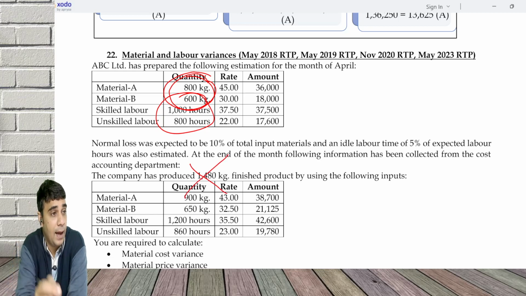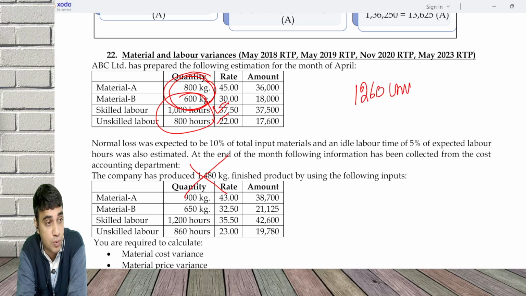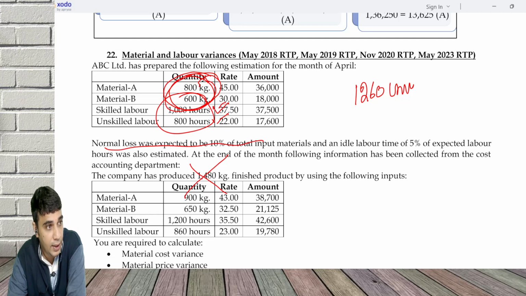The original plan was to use 1800 hours and produce 1260 units. What is 1260 units? It is 1400 minus 10%, because your normal loss is 10 percentage of the total input. So the original plan is to use 1800 hours and produce 1260 units or 1260 kgs.